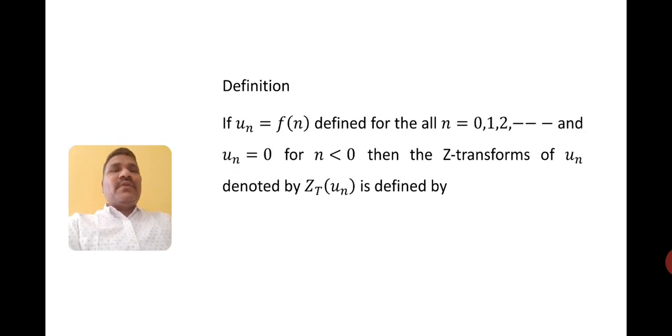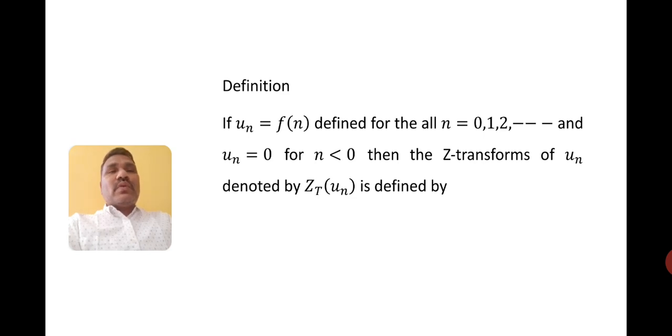The definition says u_n is equal to f(n). You might know from the previous year that we use u_n for summations and sequences. When you did the comparison test, the alternating series test, Cauchy's test, you did many tests to check convergence. So u_n is equal to f(n), defined for all positive numbers, that is 0, 1, 2, and so on up to whatever the number is, and u_n will become 0 when n is less than 0.